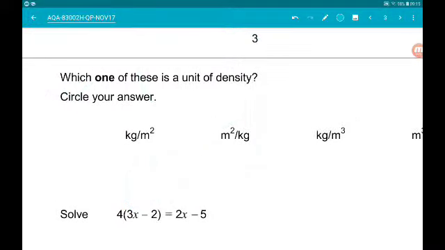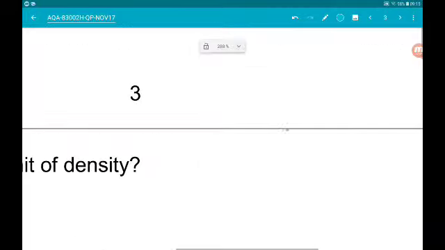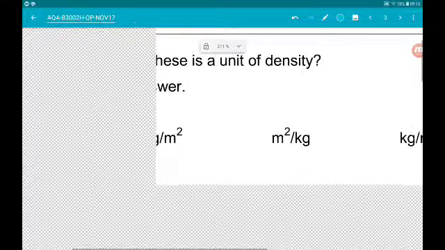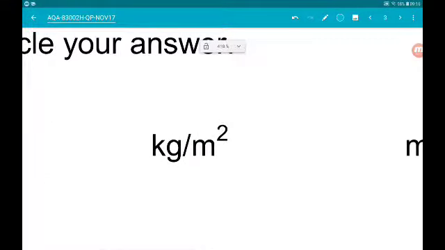Okay, question 4. Which one of these is a unit of density? So, density tells us how heavy something is per a certain amount. So it's mass over volume. So, this first one is kilograms over meter squared.